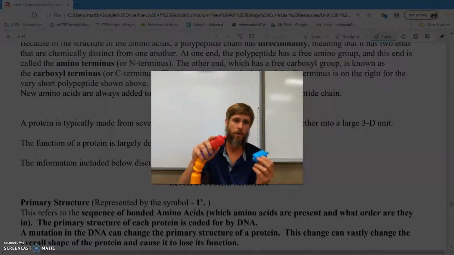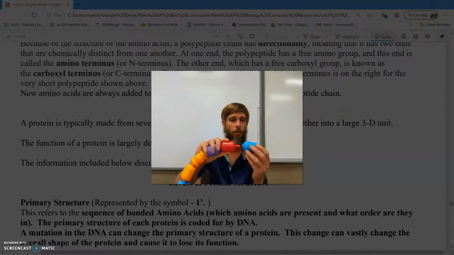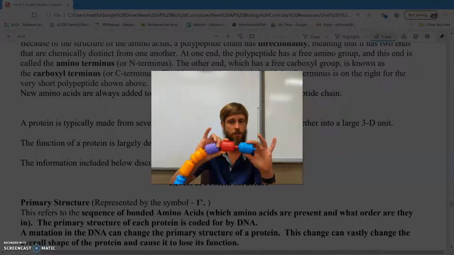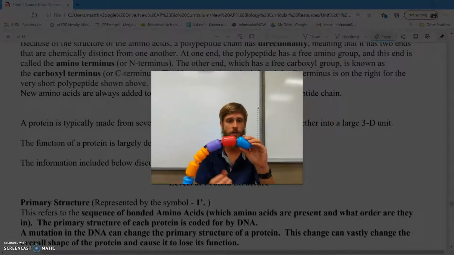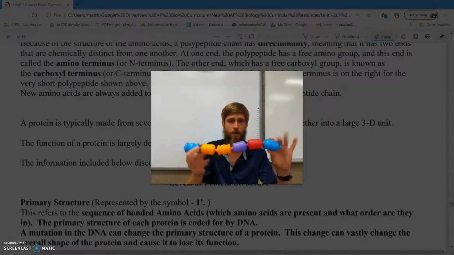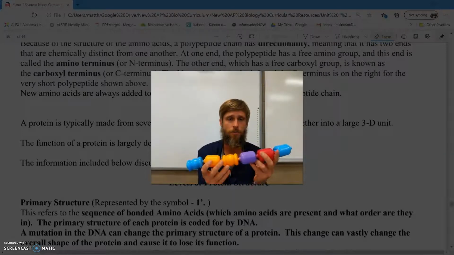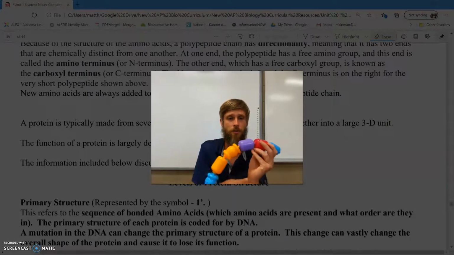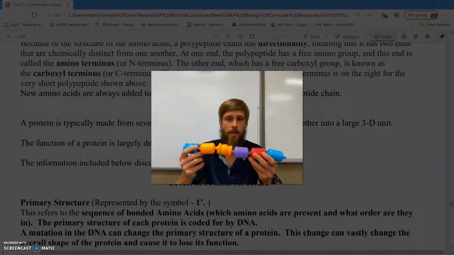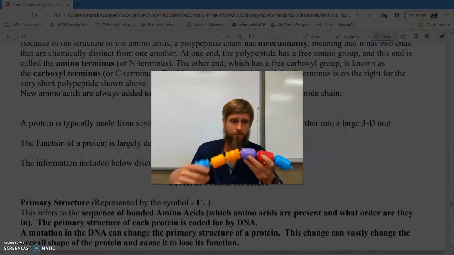The amino end, or the N-terminus. So we have what type of reaction? We lose water and form a bigger molecule, so we have a dehydration synthesis. All right, so when you link enough of these together, you form a linear structure, a line, basically. And so this is known as our primary structure.